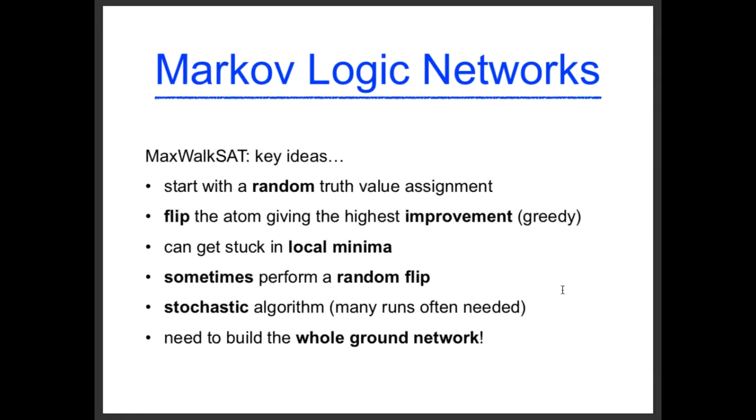So it alternates greedy moves, which attempt to look for the ground atom which brings you the greatest gain, and totally random moves. The drawback is that you have to build the whole ground network. You have to build all the possible groundings of the predicates, which could easily get huge, and we'll talk about that later also.